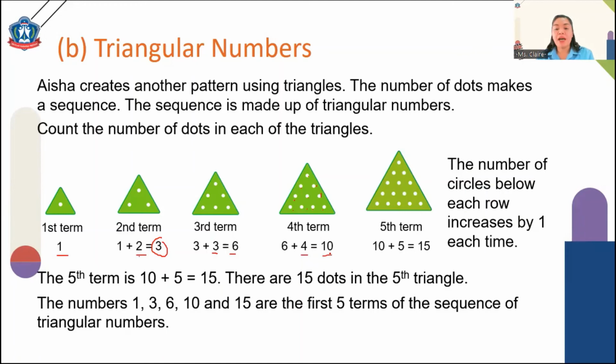Then 10 plus 5 gives the fifth term, 15. Now, to get the sixth term, how do we find it? Yes, 15 plus 6, and that is 21. So the numbers 1, 3, 6, 10, and 15 are the first 5 terms of the sequence of triangular numbers. So that's how to find triangular numbers, children.